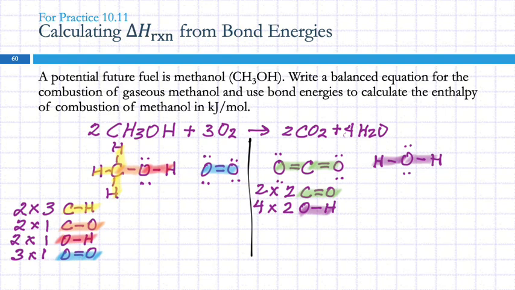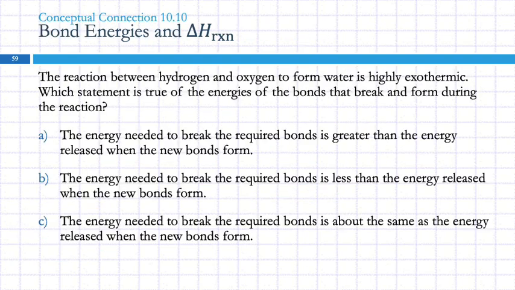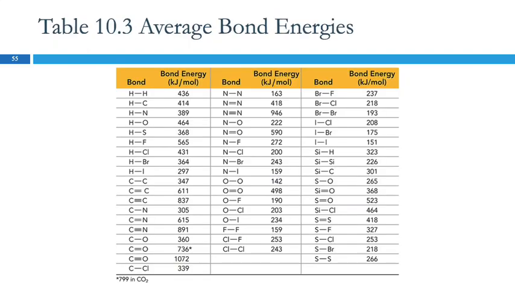So now we need to look up the bond energies. So we're going to go back to this table. And we had carbon-hydrogen bonds. Those were 414. And these are all kilojoules per mole. So that's that guy right there. And there were hydrogen-oxygen bonds, 464.